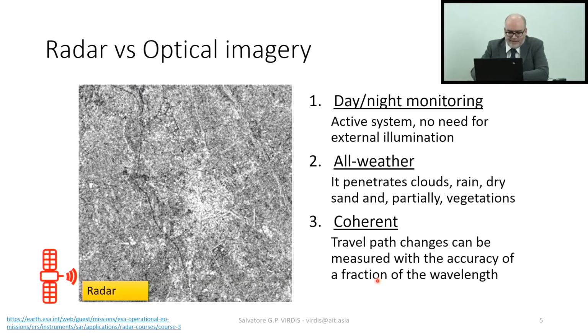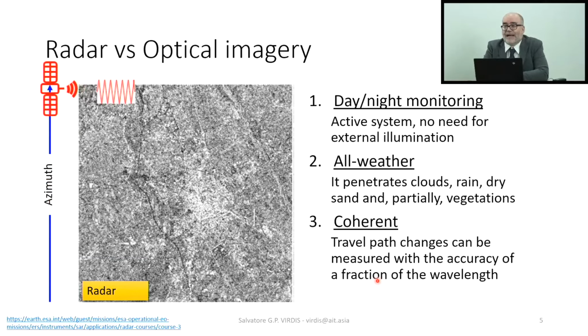Radar sensors work along the so-called azimuth, that is the direction of flight, and they transmit signal in a side-looking geometry. Usually these systems are right-oriented systems, so they transmit and receive pulses on their right side.